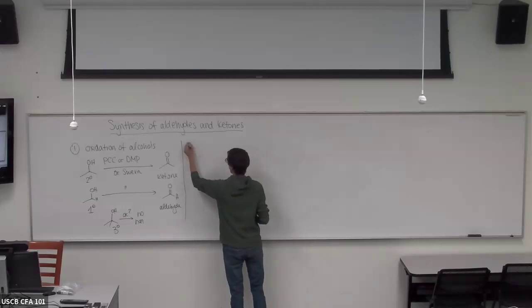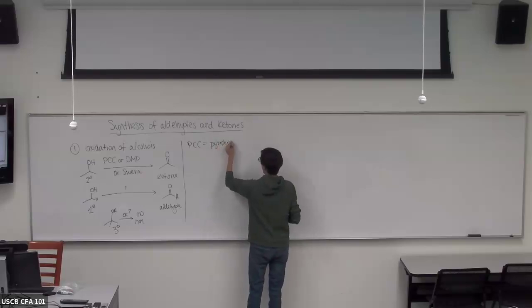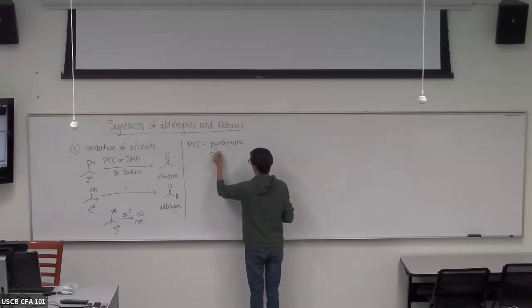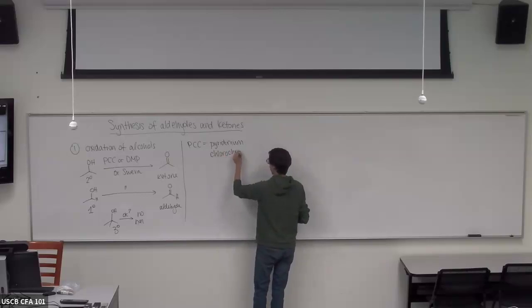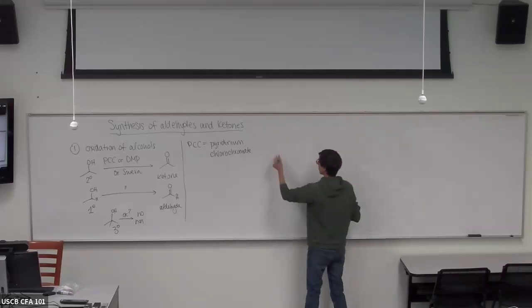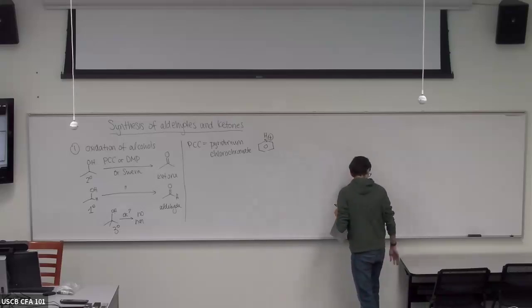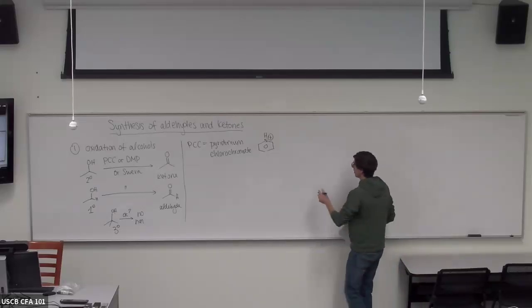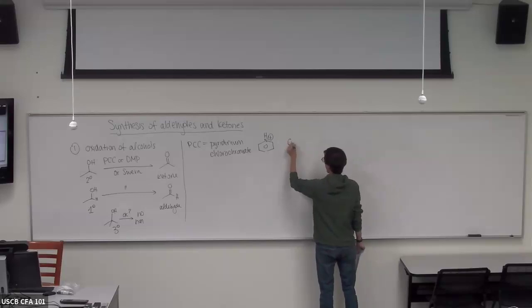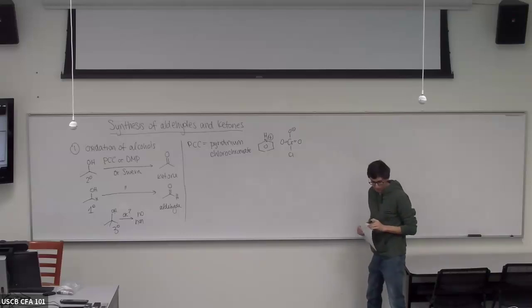The first one, PCC, is pyridinium chlorochromate. So that's the pyridinium ion, and then the chlorochromate looks like that.